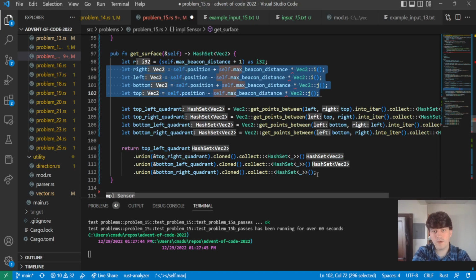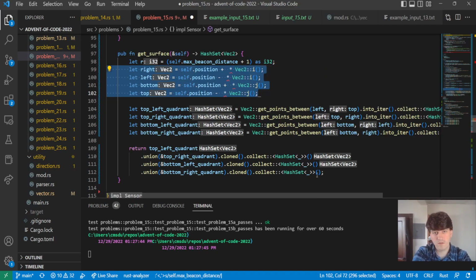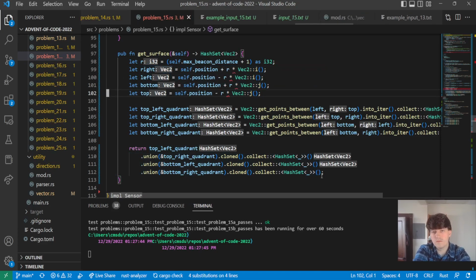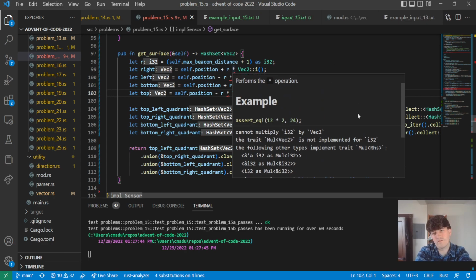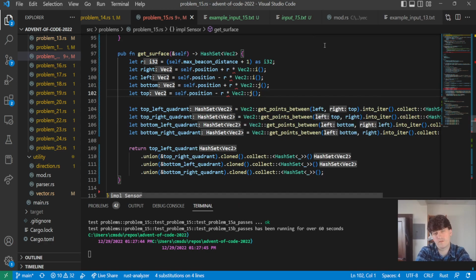There we go. Max beacon distance. There we go. R. And it doesn't like multiplication because it's not on the right hand side. Mul Vec2 is not implemented for... fine. Let's just do it this way.